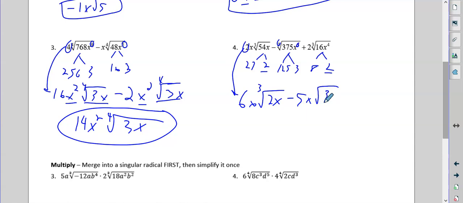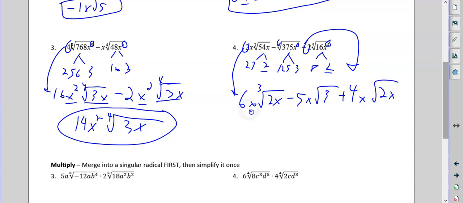So definitely will not combine with the first one. Different number and also no x. Then we have a plus. Don't forget this 2. The cube root of 8 is 2 times the 2 is 4. Okay. We have one group that can come out with 1 left inside with the 2.